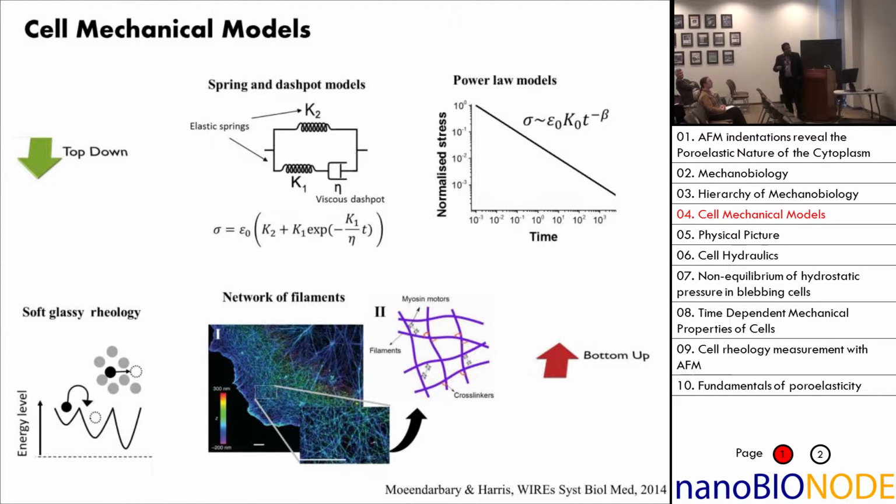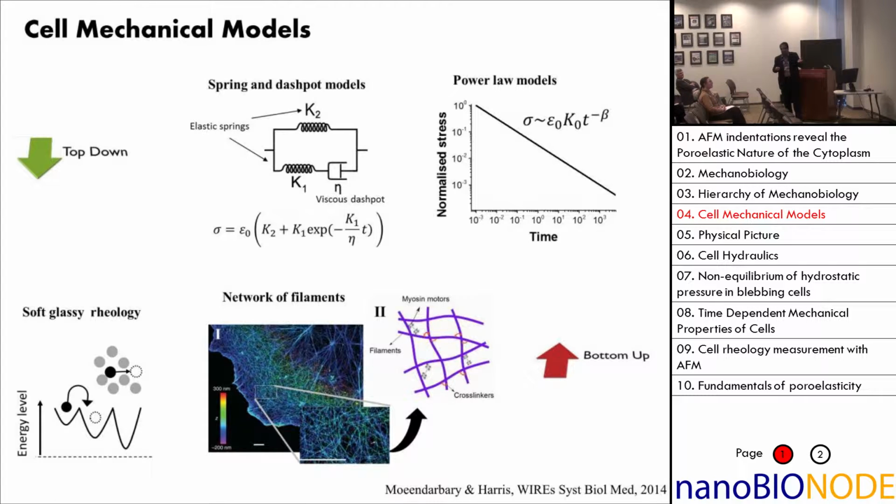And there are other models like bottom-up models, where you want to make a model to describe the response of the cell from its constituents, from its microstructure. There are lots of problems with both kinds of models.